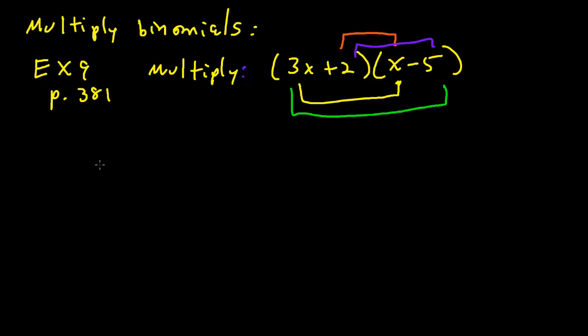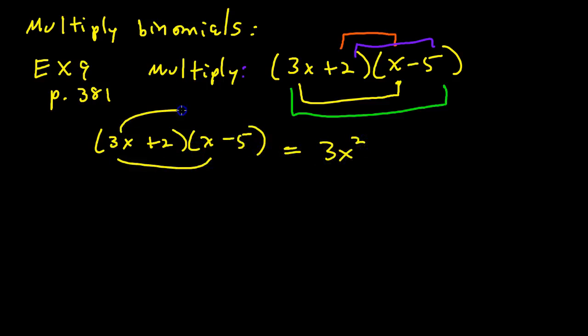All right, so let me go ahead and rewrite this. Let's take 3x plus 2 times x minus 5. All right, the first product is 3x squared. The outer product is minus 15x. The inner product is plus 2x.